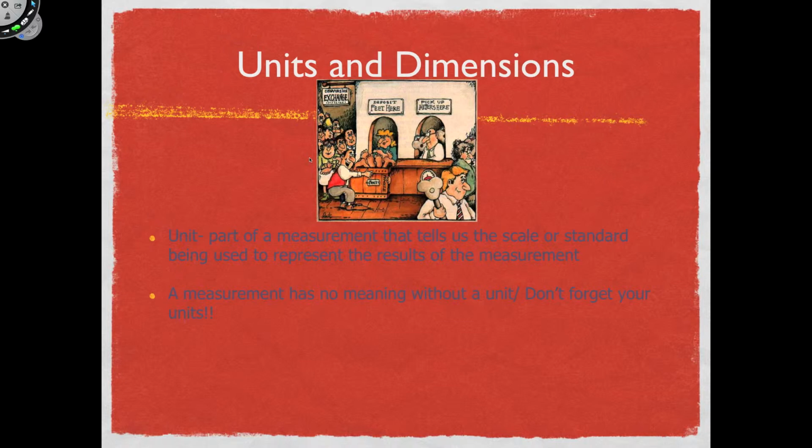If I walk outside and I say, well, the temperature out here is 35. 35 what? 35 degrees Fahrenheit? 35 degrees Celsius? 35 Kelvin? I hope it's not 35 Kelvin. So when we're talking about measurements, we give measurements meaning by adding units.